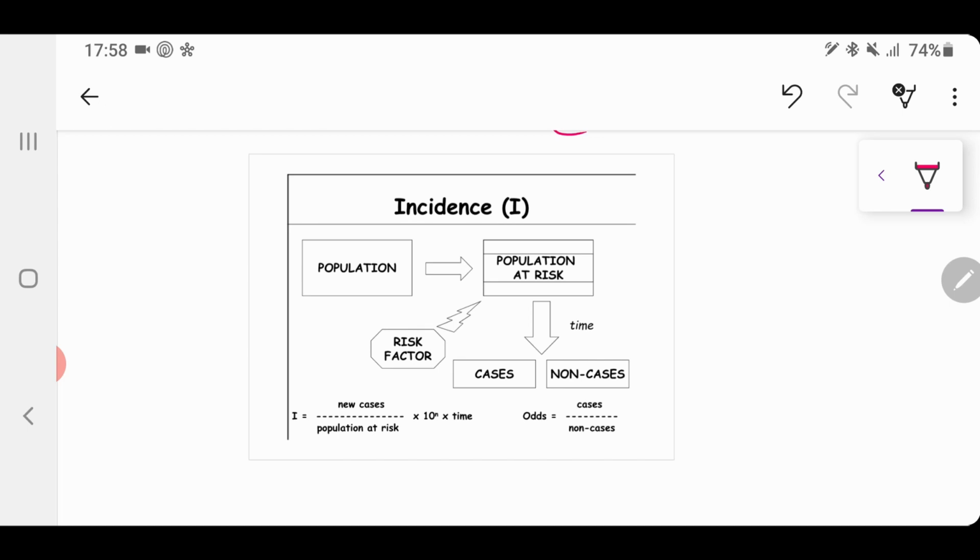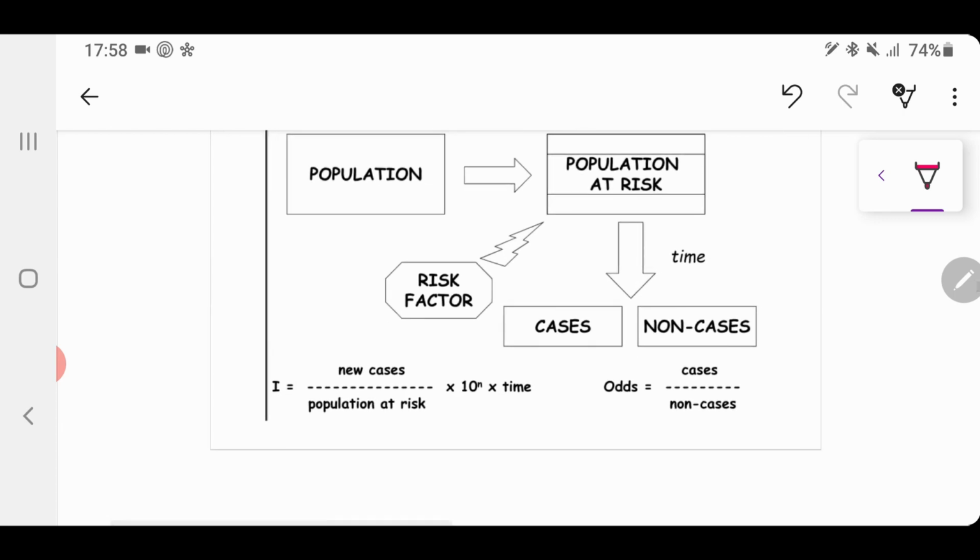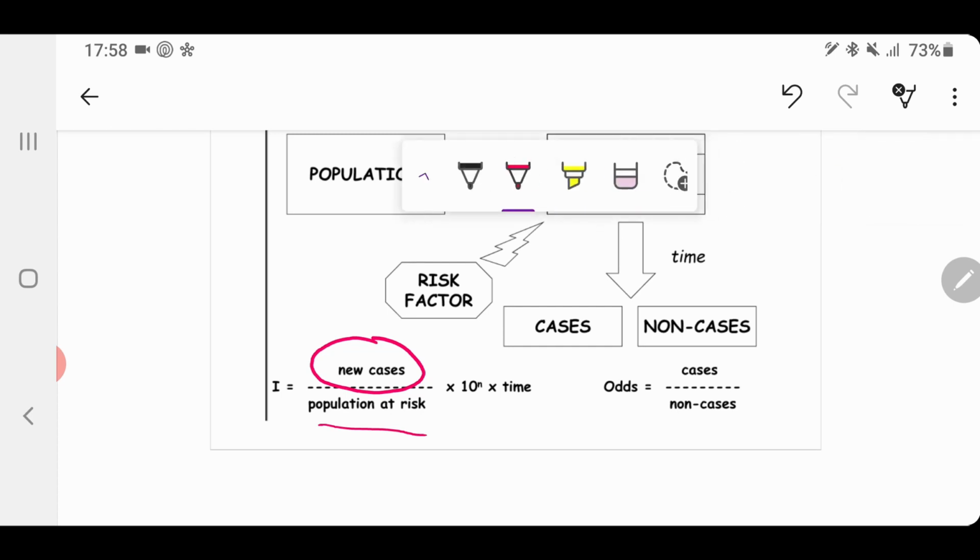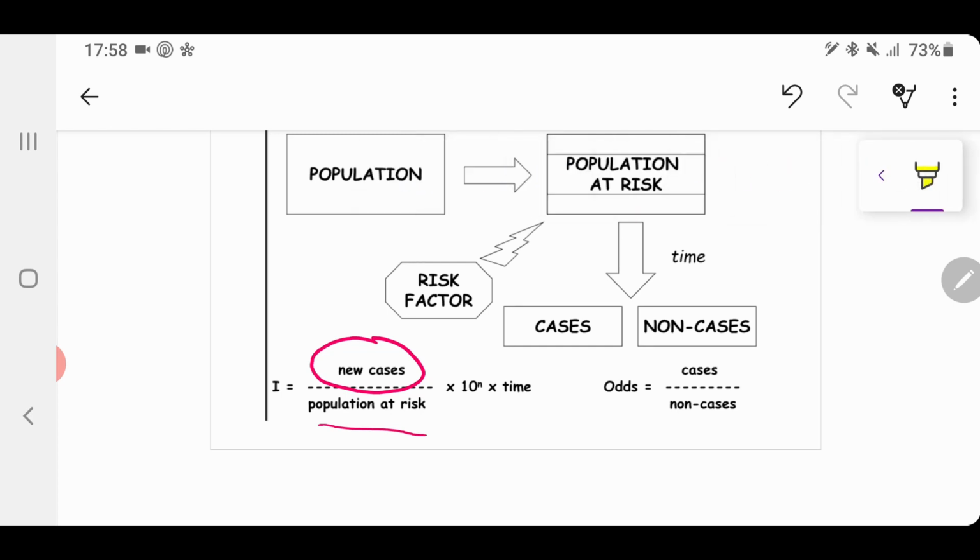So yeah, let's start. Incidence. Incidence is basically a measurement we use to find out the proportion of new cases of a disease in the population at risk. The important thing here is that we are taking into account time.